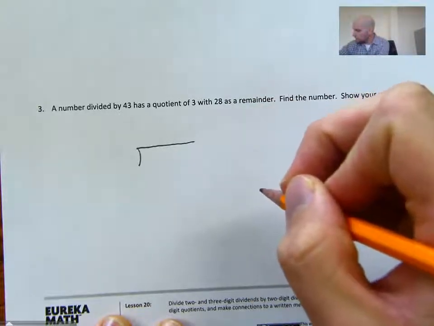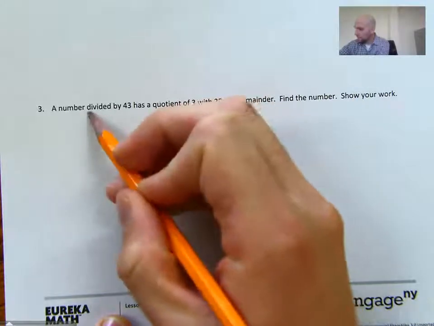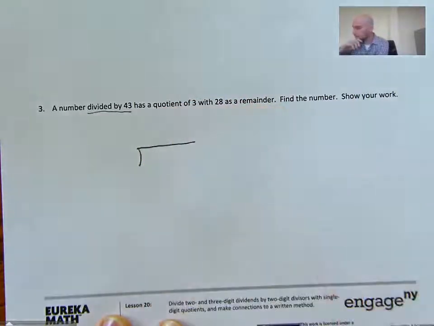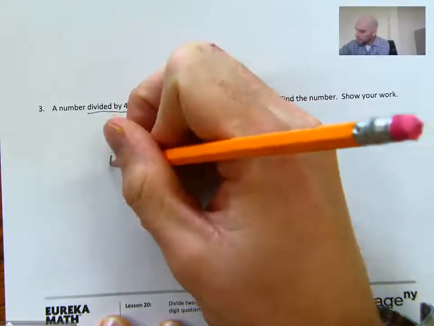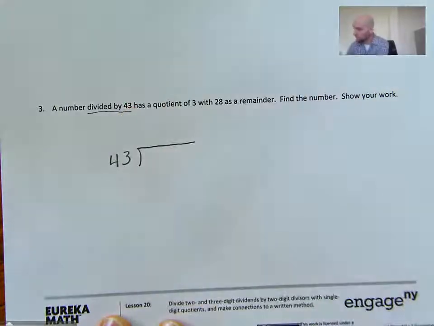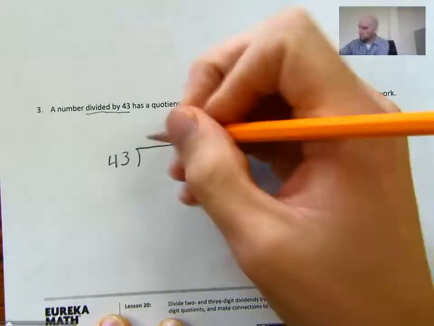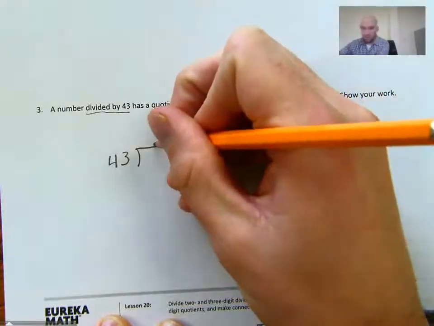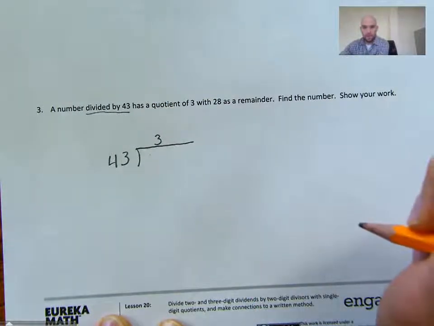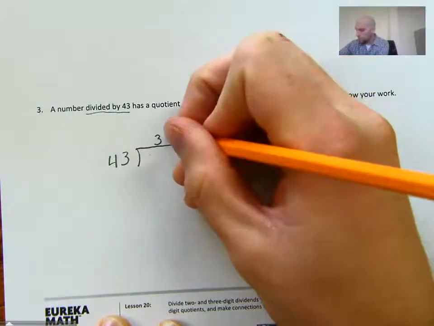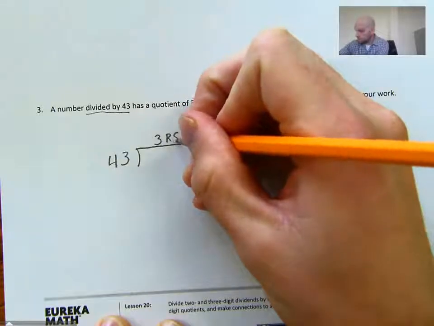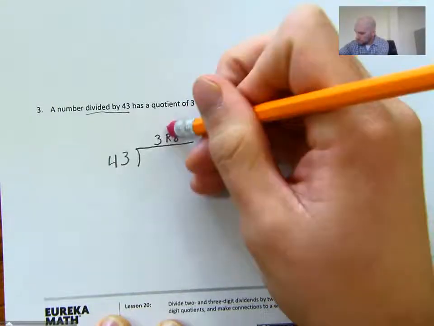And if it says divided by, that's going to be my divisor. So that's going to go outside the box right here. It'll be 43. And it has a quotient of 3. Our quotient is our answer, with a remainder of 28.